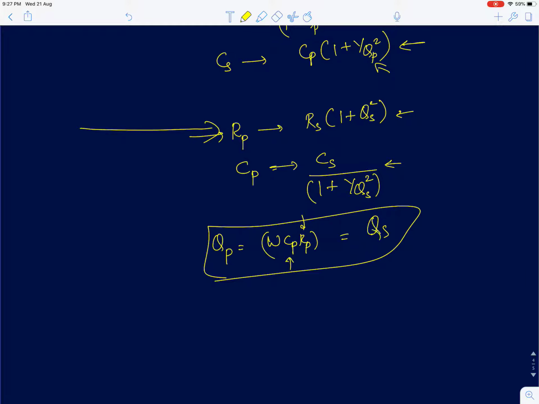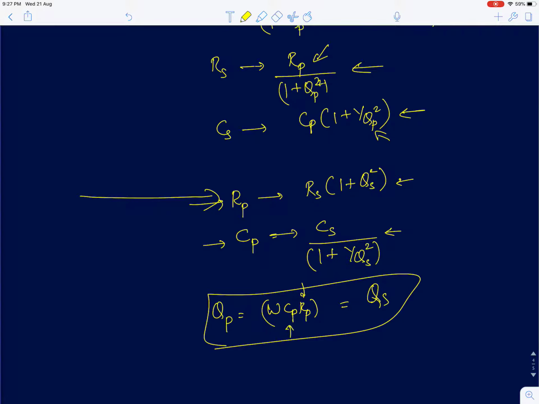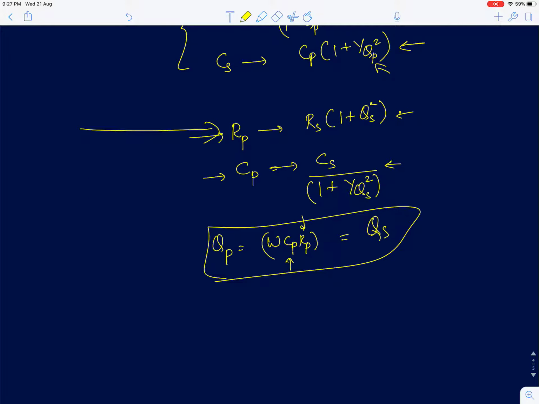So in the last lecture for inductors, we did the opposite. We tried to find Rp and Cp in terms of Rs and Cs. In this lecture, I wanted to show Rs and Cs in terms of Rp and Cp. All I'm trying to show is it's the same, because your Qs equals Qp. For the parallel Q and the series Q, it is actually the same.